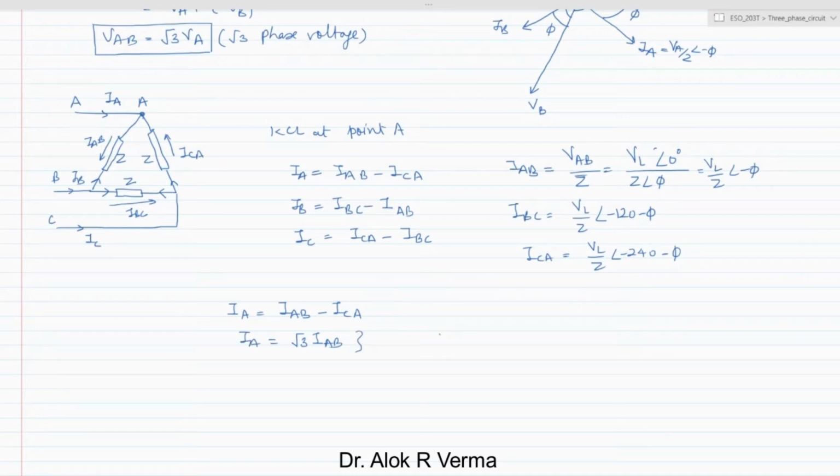So in this case the line currents IA, IB and IC will be root 3 times the phase current. This is how we get the findings when you substitute the values from here. So this is the magnitude. We can see this from the phasor diagram, so this will be clear.